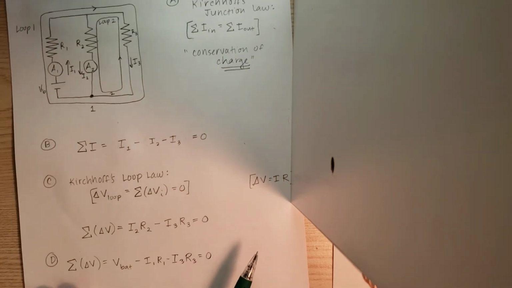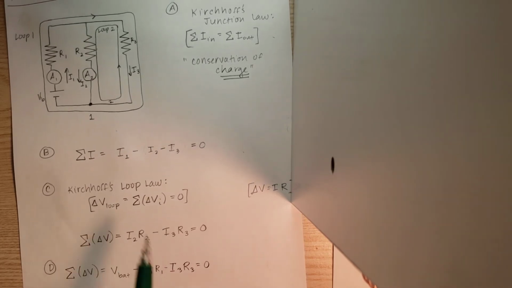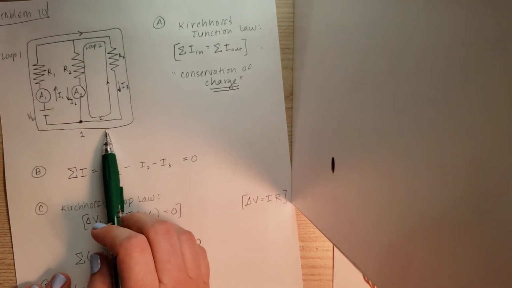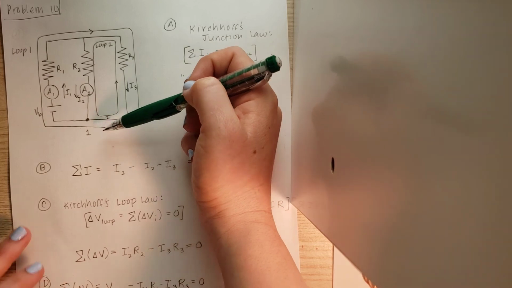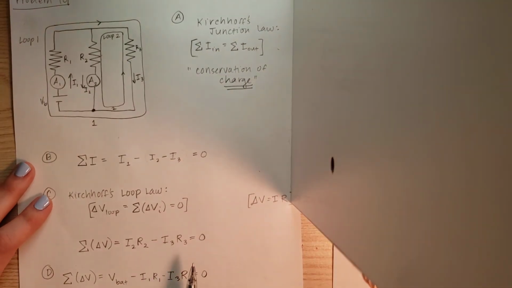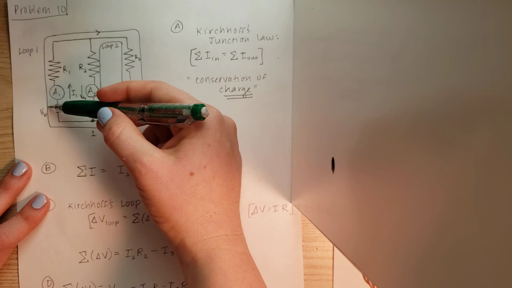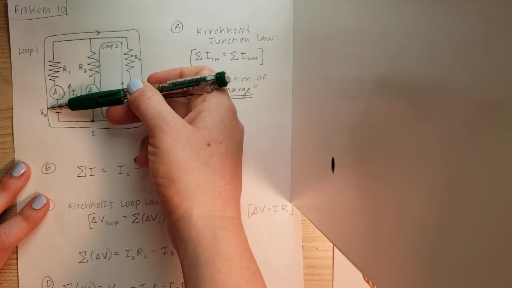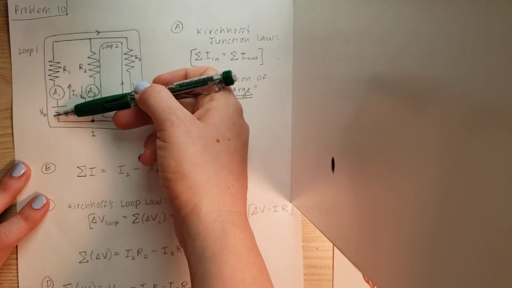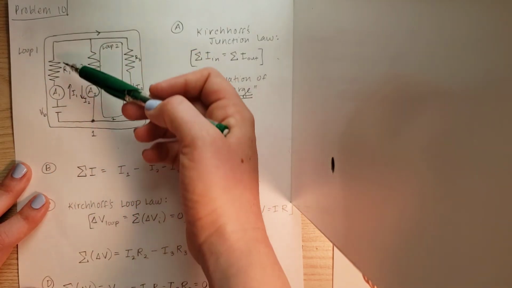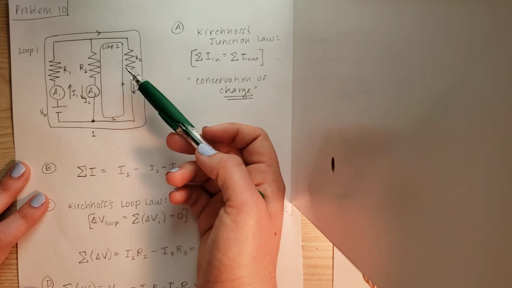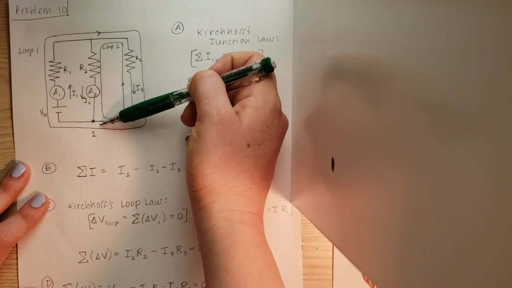And then finally for part D, they want us to now apply the loop rule to loop 1, so the larger loop, spanning the entire circuit. And same concept there. So this one's moving in a clockwise direction. For this one we need to remember we have our potential difference of the battery here. So we need to take that battery, which is going in, and we need to subtract our potential differences coming out.